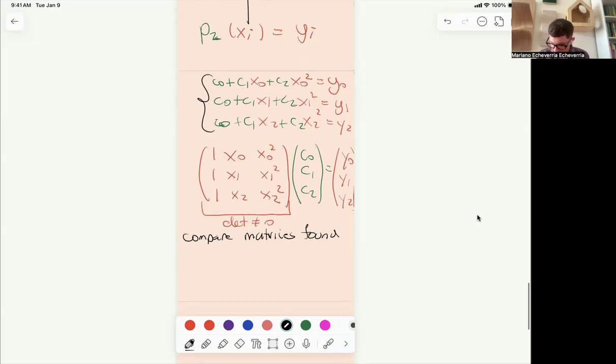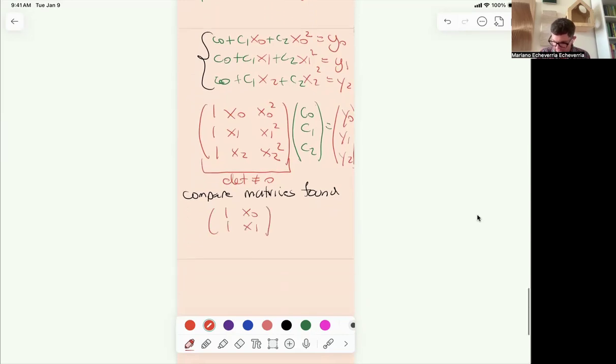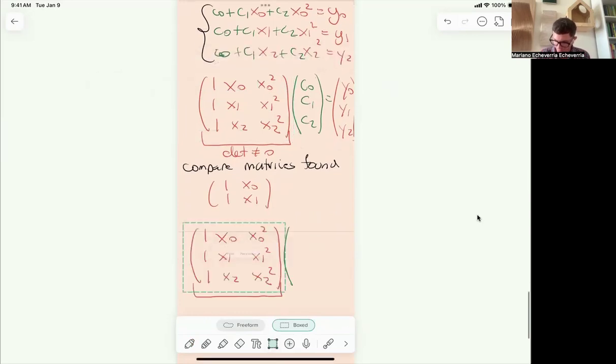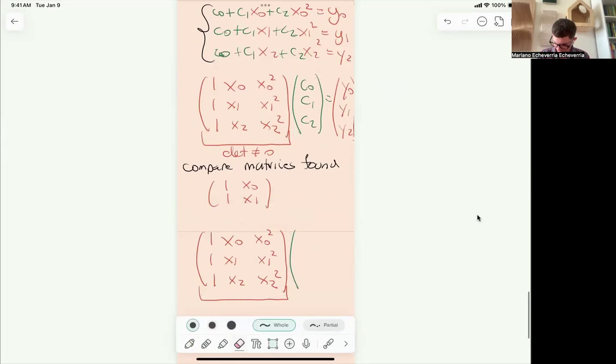So the first 2 by 2 matrix was 1 x0, 1 x1, and the 3 by 3 matrix that we just had was 1 x0 squared, 1 x1 squared, 1 x2 squared, right?